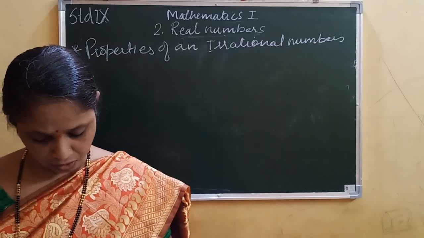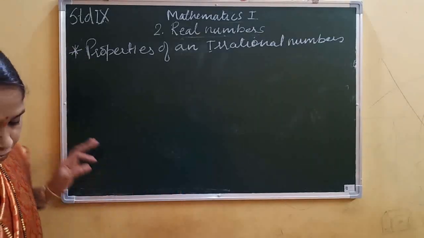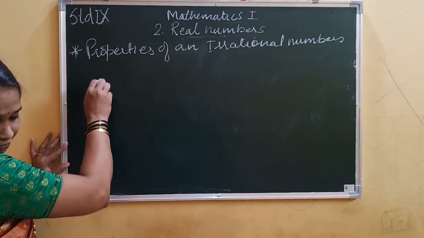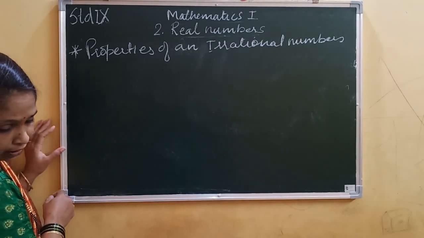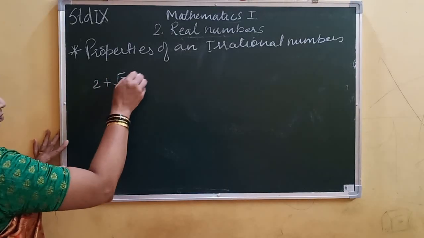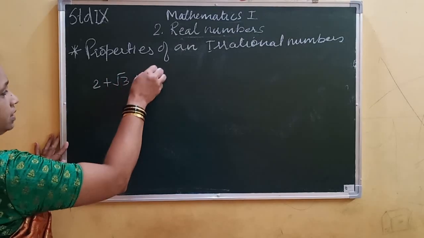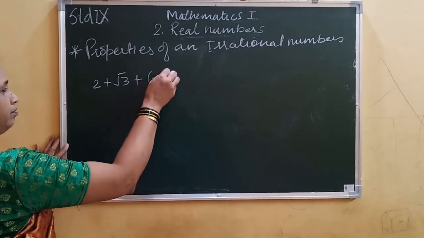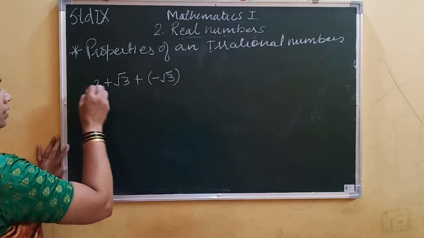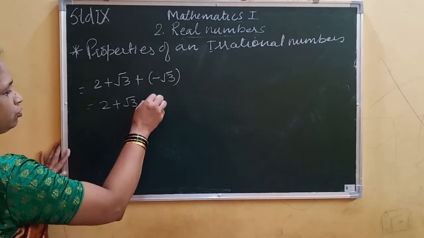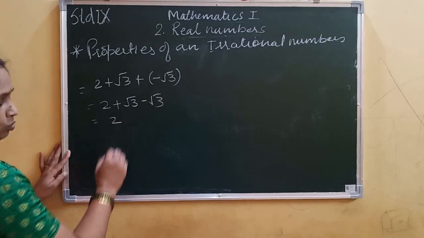Now if you take the irrational number here, in the textbook the examples are given on page number 24. And see, 2 plus root 3 minus root 3, which will be equal to what? 2 plus root 3 minus root 3. It will be equal to 2.